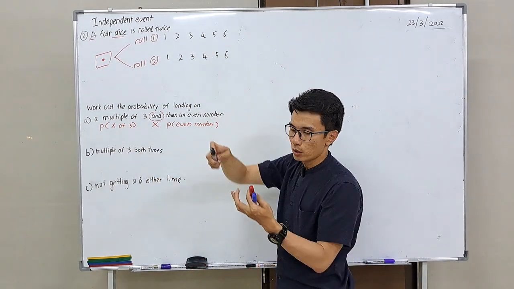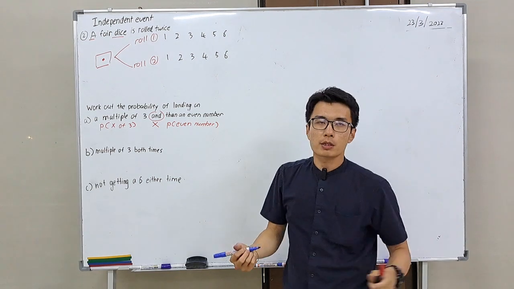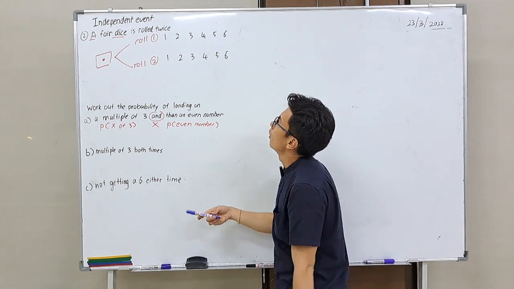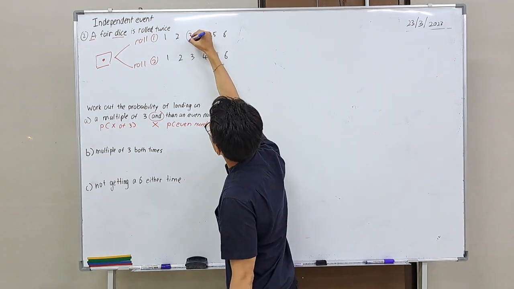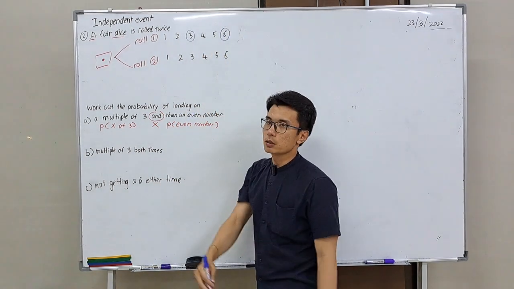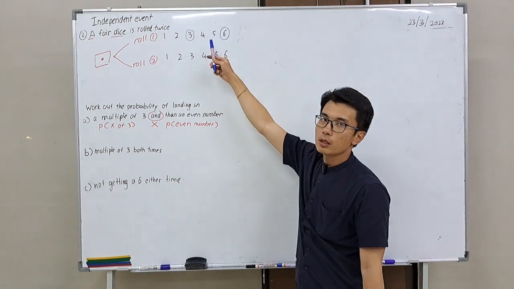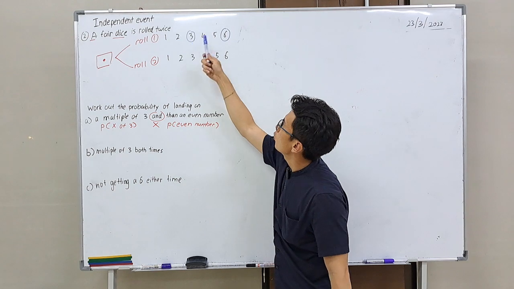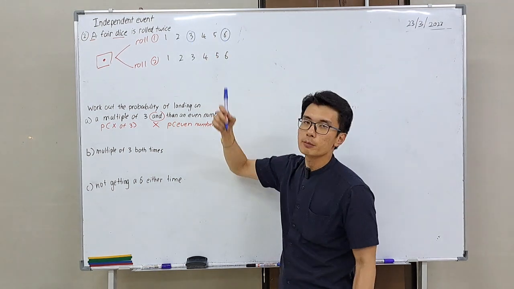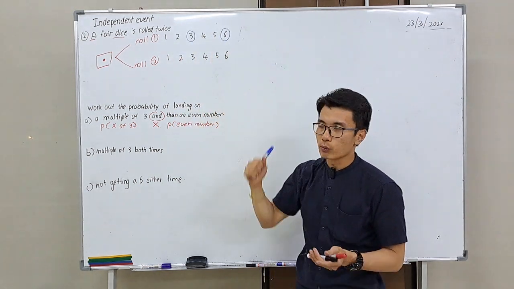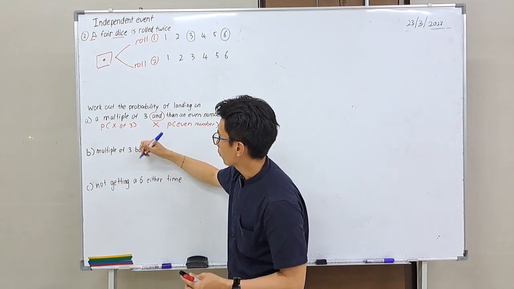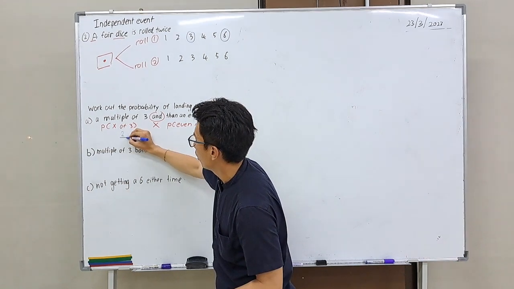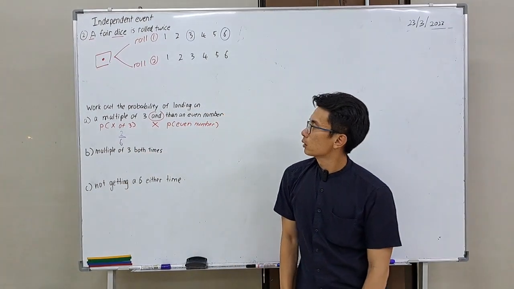Multiple of 3 means the times table of 3: 3 times 1, 3 times 2, and so on. So my multiples of 3 will be 3 and 6. My probability is 2 out of 6, because I have 2 outcomes out of a total of 6 outcomes.